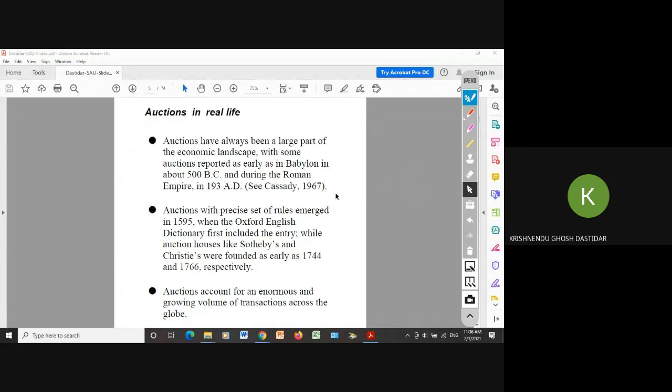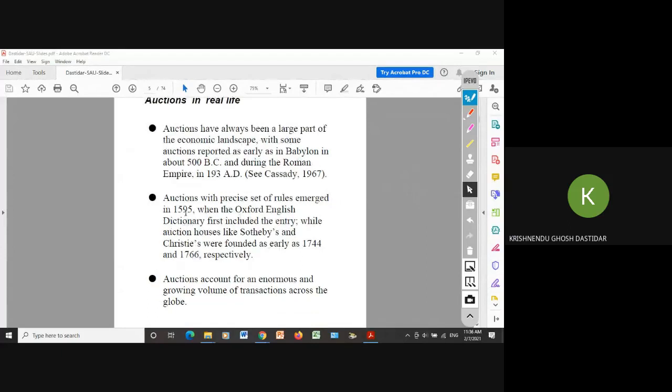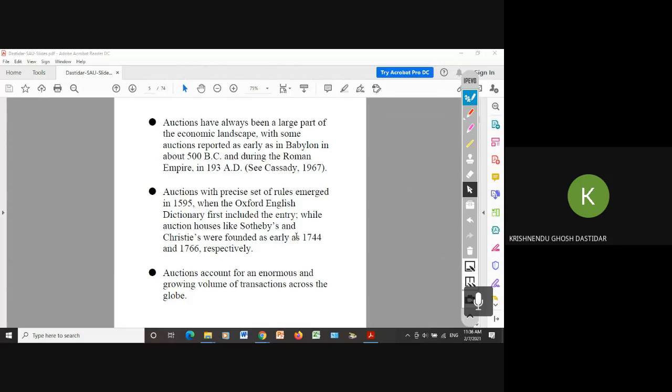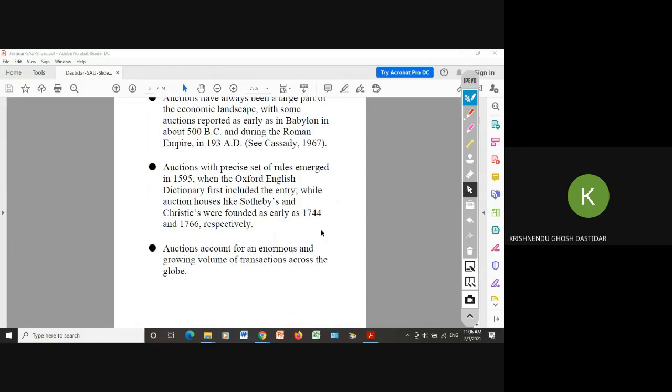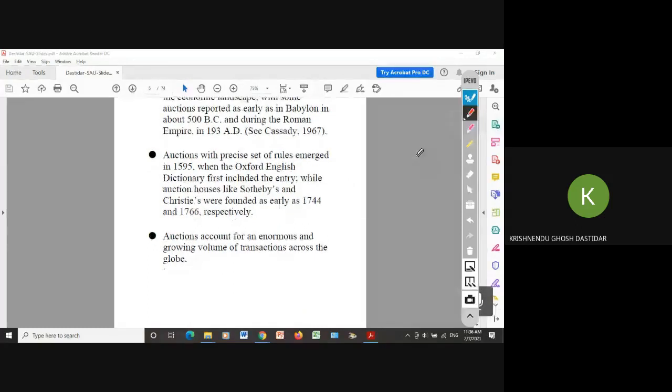Now, auctions with a precise set of rules emerged in 1595 when the Oxford English Dictionary first included the entry, while auction houses like Sotheby's and Christie's were founded as early as 1744 and 1766. So my point is auctions have been there for quite some time. And now you must note that auctions account for an enormous and growing volume of transactions across the globe.